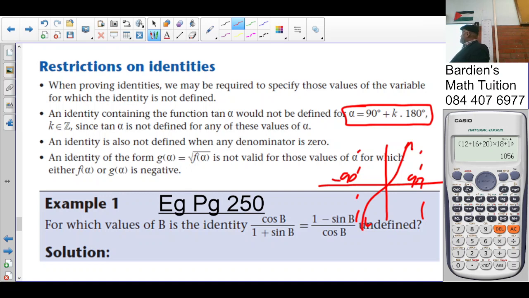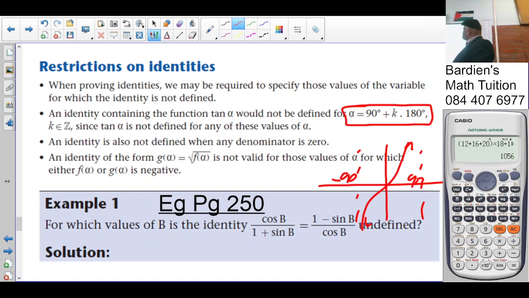An identity is also not defined with any denominators equal to 0. Not so? Remember when we did your algebraic fractions, with the equations? When we worked out the LCM, we always said for which values of x the identity would be undefined, or what we call the restriction on the function, on the graph, or on the equation.